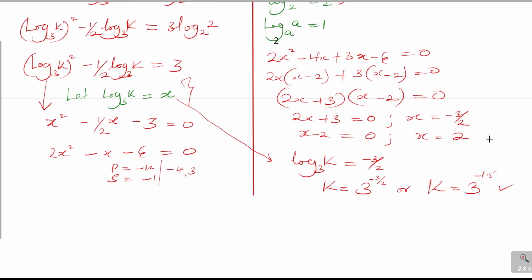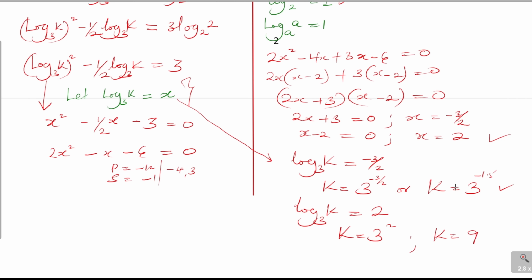Then using the second value of x, logarithm of k to the base of 3 will be given by 2. That is k. So from here, k will be given by 3 squared, and that will give 9. So k is equals to 9.